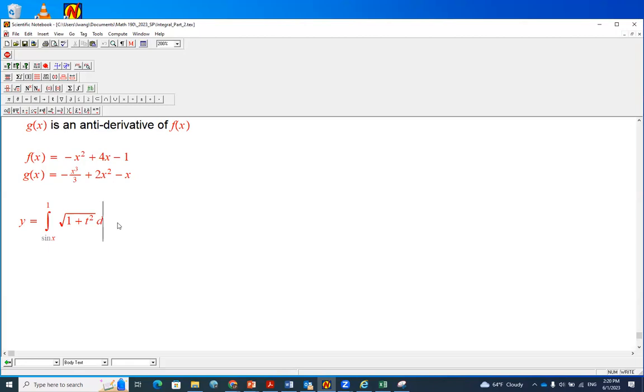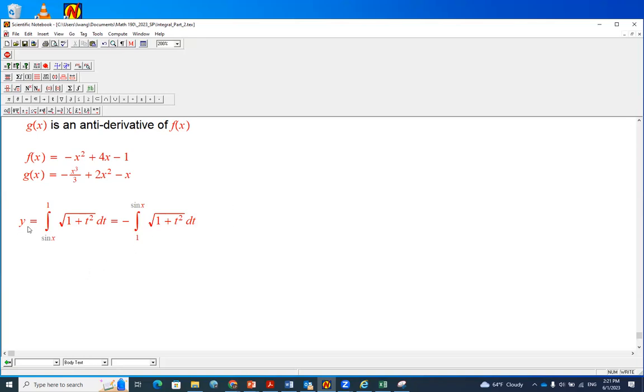And we did that swapping, so this is going to be 1, and this is going to be sine x. So it's positive 1.